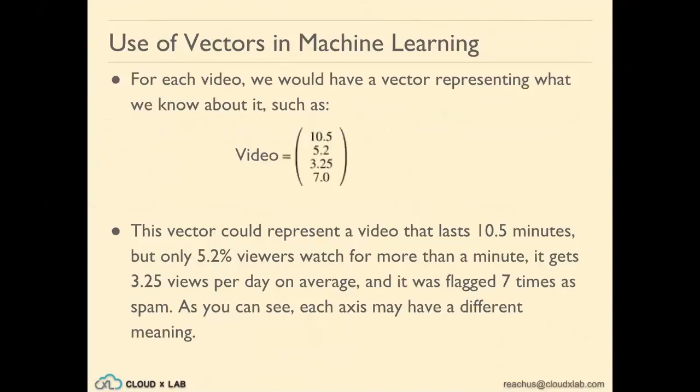A vector could represent the length of the video, how many people are watching it, what percentage of people are watching it for over 1 minute, and it gets 3.25 views per day on average, and it was flagged 7 times as spam. As you can see, each axis may have a different meaning.